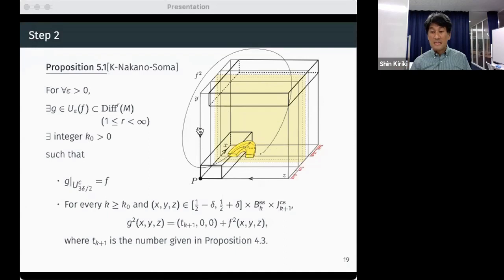Thus, we can get a G arbitrarily close to F. But we must be careful here about the differentiability of G. In the method of our proof, also in the paper of Soma and myself, 2011, it is provable at any finite value of r, but r does not go to infinity. So our proof does not apply to the C infinity topology.